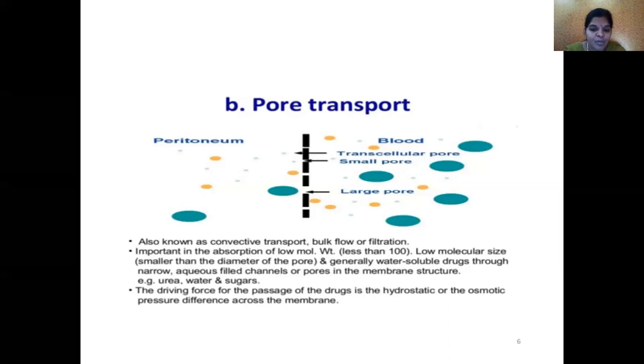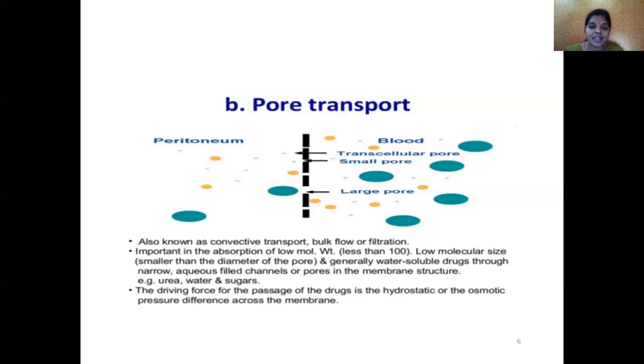The drugs showing low molecular weight, less than 100 Daltons. The molecular weight has units of Dalton. Only then will your drug choose this type of pore transport for achieving good GI absorption, right?